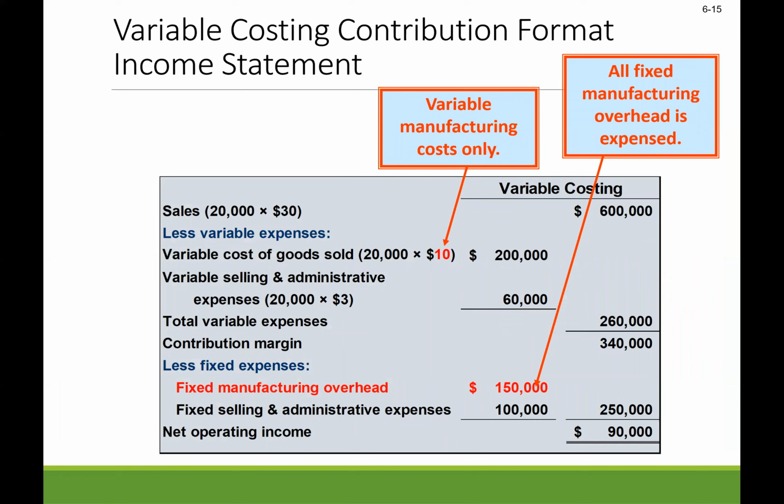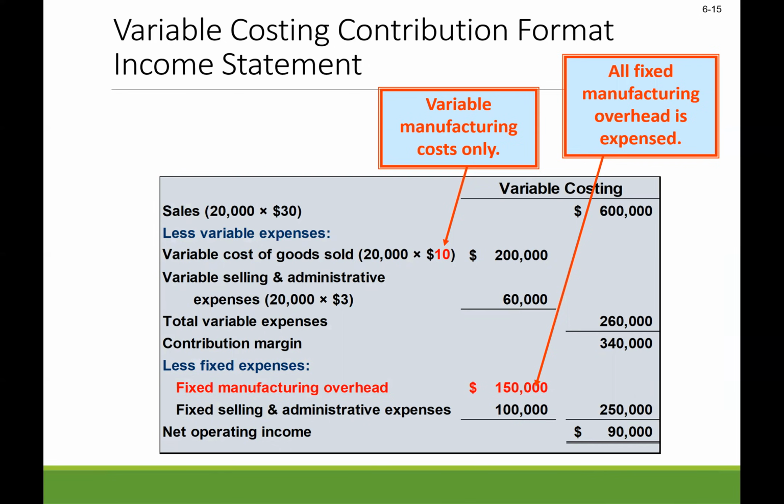So here we have sales, which of course is going to be the same either way. Under variable costing, we have our variable cost of goods sold. We have our variable selling and administrative. And then our total variable expenses to come up with our contribution margin.